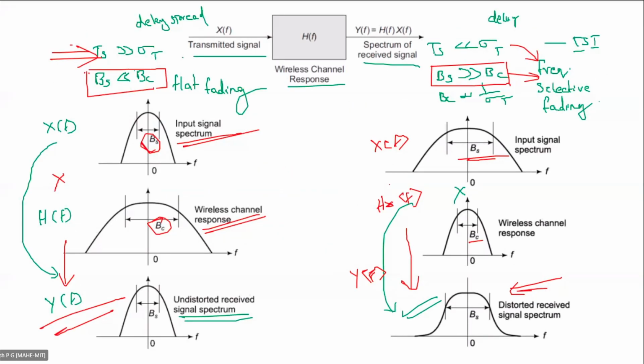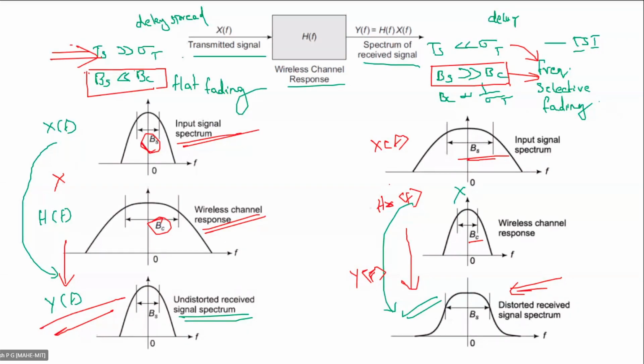Okay, is it clear? What is flat fading and how can we represent it using two terms, that is, delay spread and coherence bandwidth? Similarly, we can describe frequency selective fading in terms of delay spread and coherence bandwidth. So in flat fading there is no distortion. You can simply compare the figures on the left and right. You transmit something, and if it is received as it is, then there is no distortion.